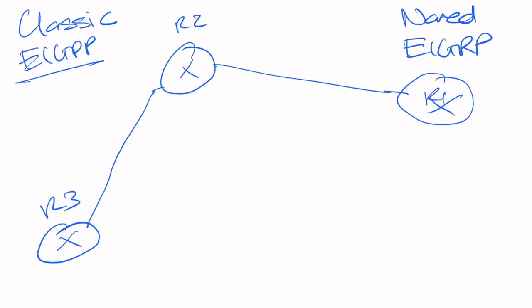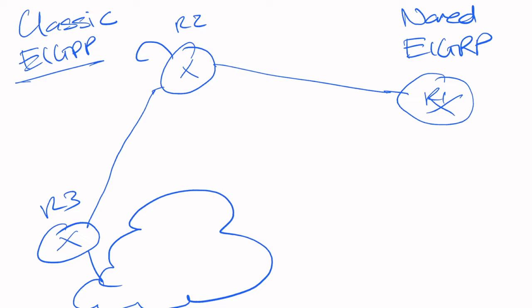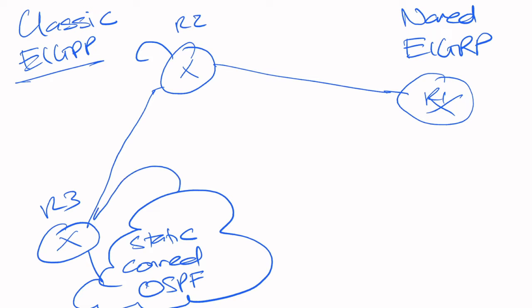In this segment, they have loopbacks. This might be connected to other routing protocols, or you might be redistributing static routes, connected routes, probably OSPF, and so forth. You might be redistributing this into your EIGRP.